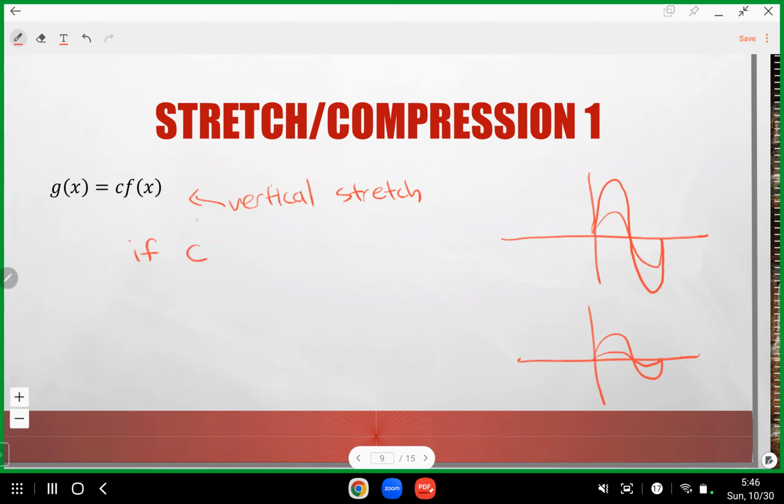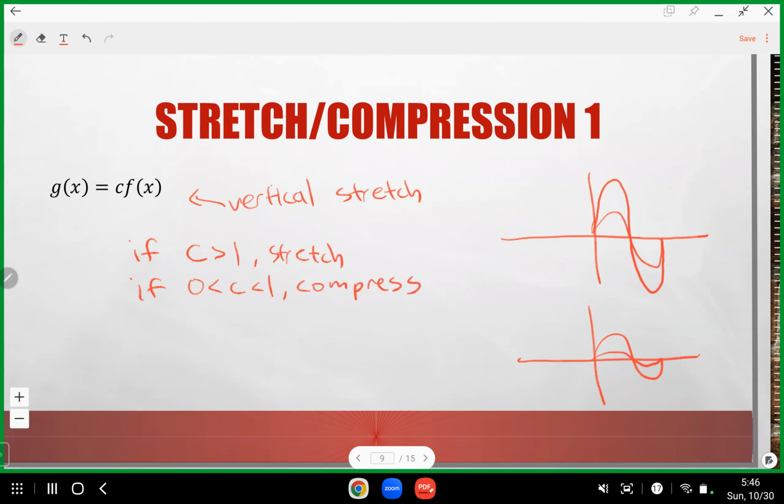So if c is greater than 1, okay, we're gonna stretch. If c is between 0 and 1, we're gonna compress, right? Because we're multiplying a fraction to it.